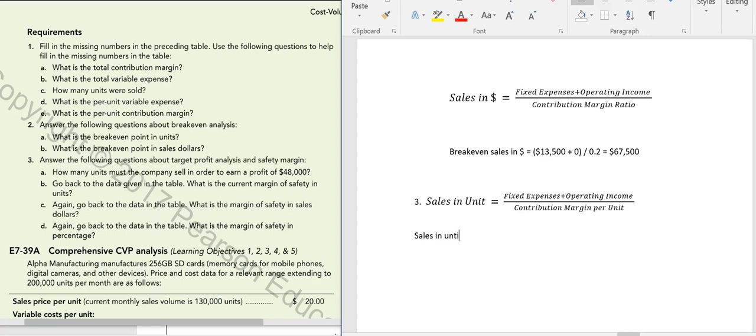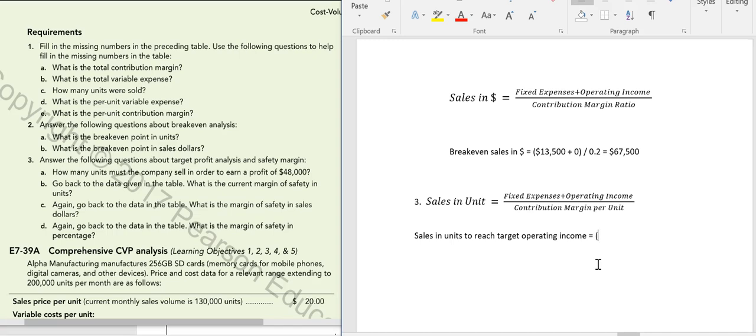Sales in units to reach target profit or target operating income is this formula: fixed expenses plus operating income divided by contribution margin per unit.